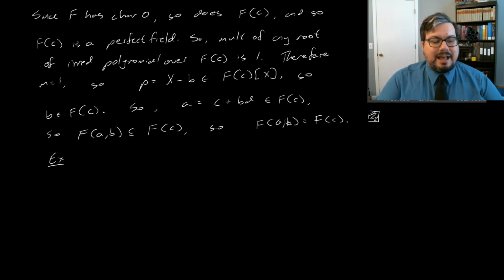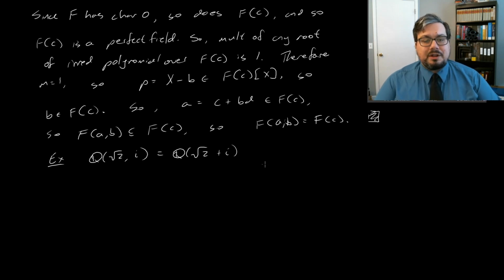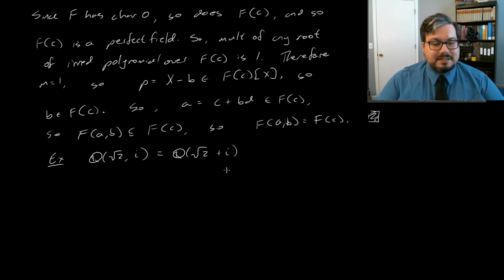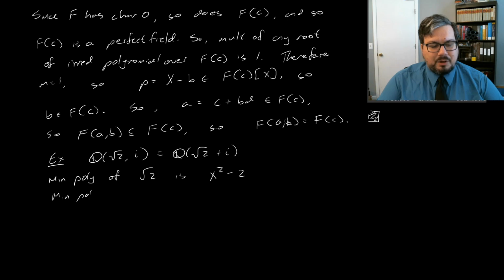So taking as an example, we looked at Q(√2, i), and we showed that we could write this as Q(√2 + i), but let's see what other options are available going through the proof of this theorem. So we have that the minimal polynomial of √2 is x² − 2, and the minimal polynomial of i is x² + 1.